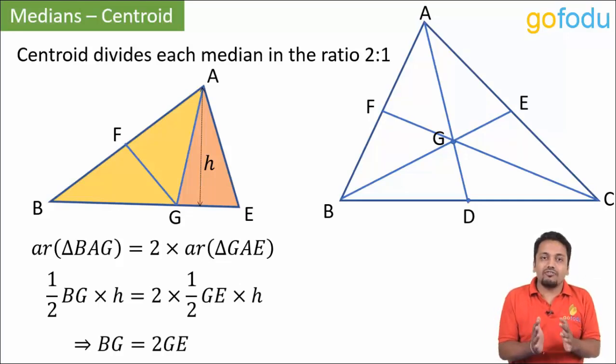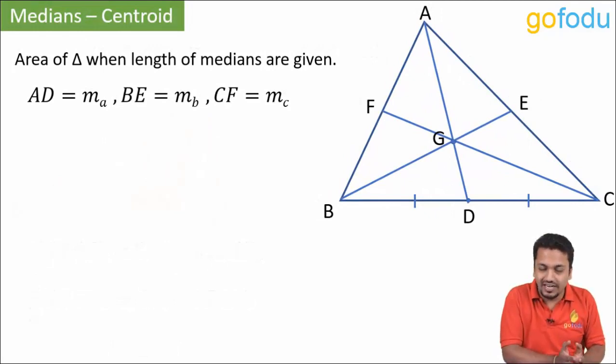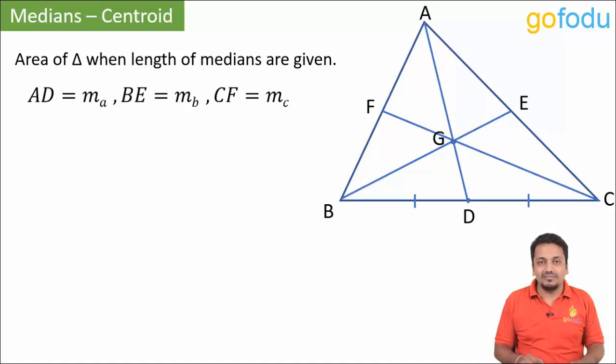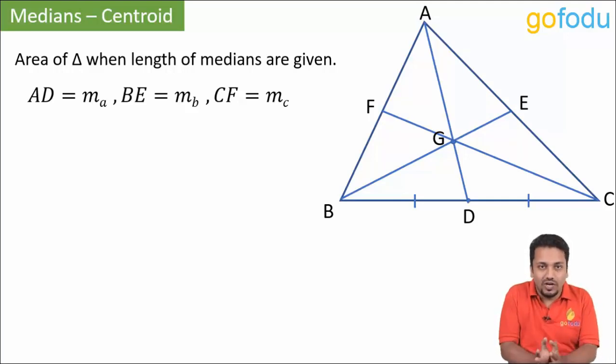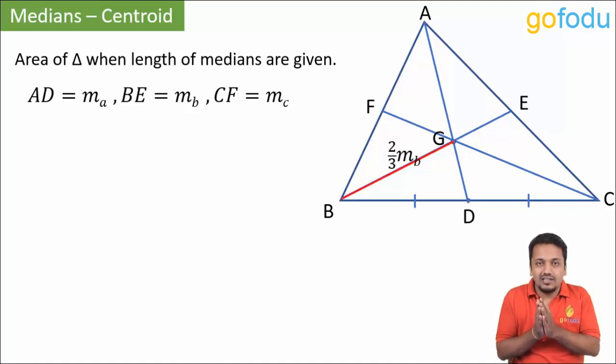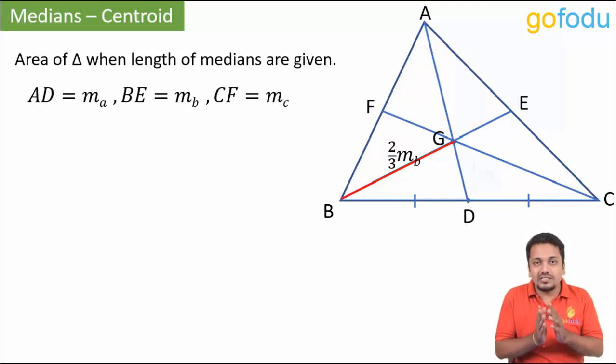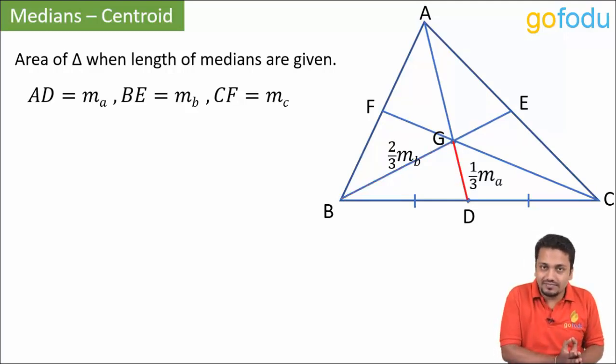Now there is one direct question which can be framed by giving the lengths of all three medians and asking the area of the triangle. This again is an interesting derivation. The lengths of medians are given, and using the ratio 2:1, we can write BG as 2/3 of MB, GD as 1/3 of MA, and GC as 2/3 of MC.